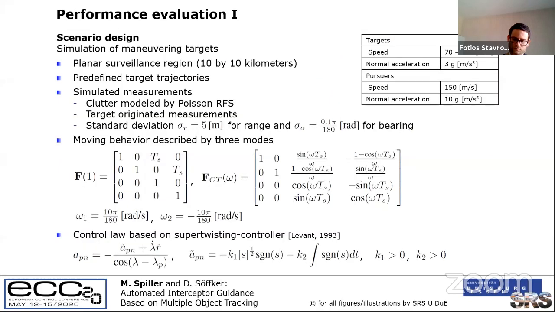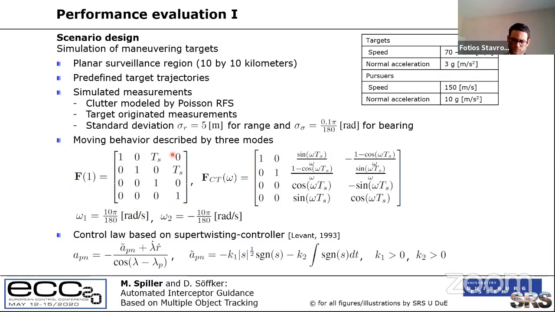For the numerical simulation, a 10 by 10 kilometers surveillance region is considered. The target trajectories are predefined and independent of the moving behavior of the pursuers. Measurement noise with known standard deviations is considered, and also clutter is present. The moving behavior of the objects is described by three modes.